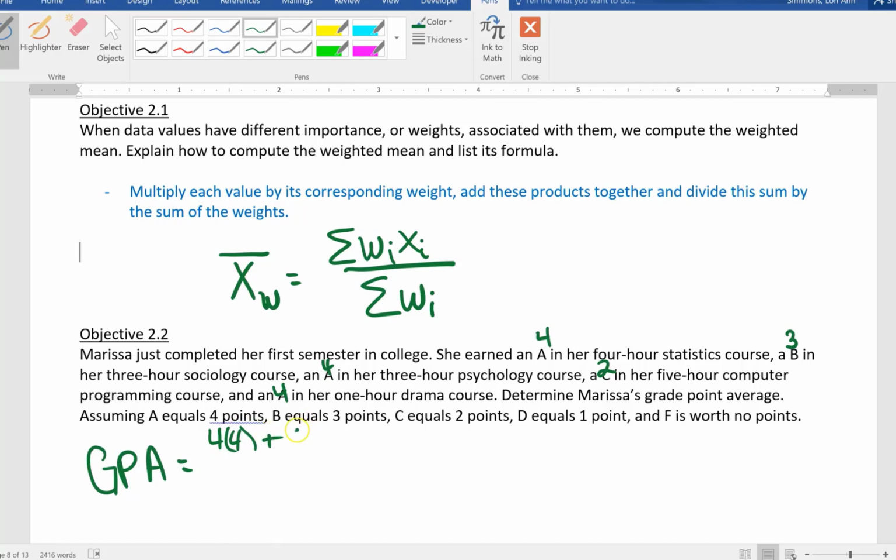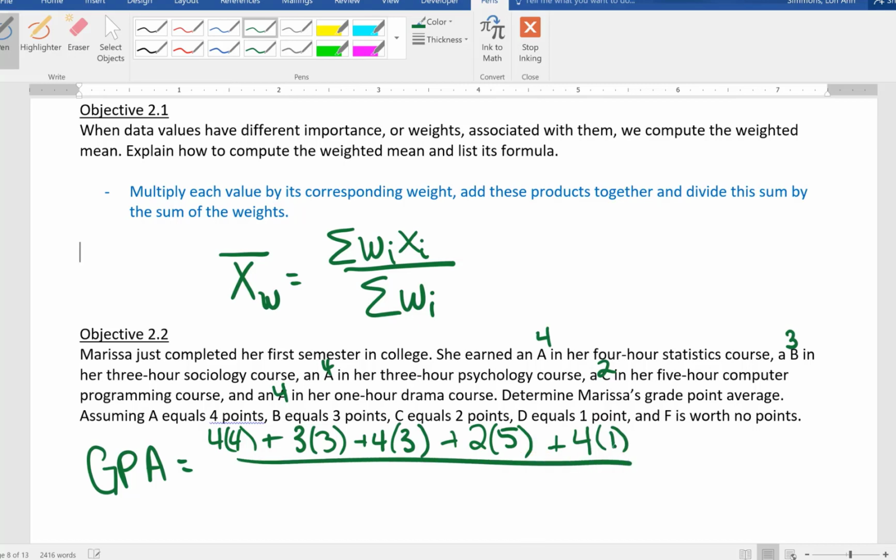The next one would be 3 times 3. The next one she got an A, which is 4 times her 3-hour class. The next she got a C, which is 2 times her 5-hour class. The next one she got an A, which is 4 times 1 hour.